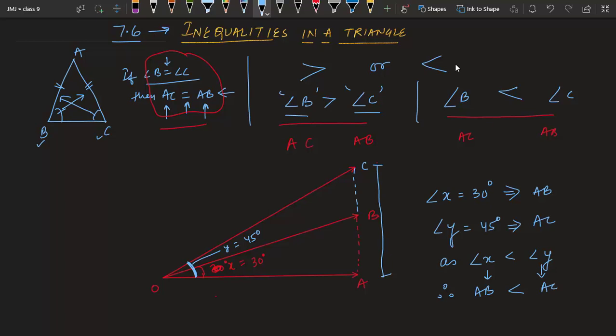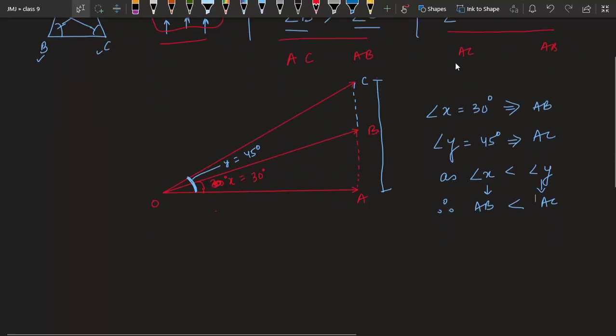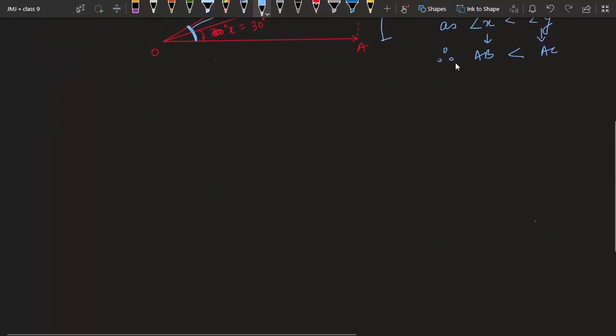So, this gives us a clue for our first theorem, which is theorem 7.6. Let us write that. Theorem 7.6. First of all, these theorems are based on triangles only.